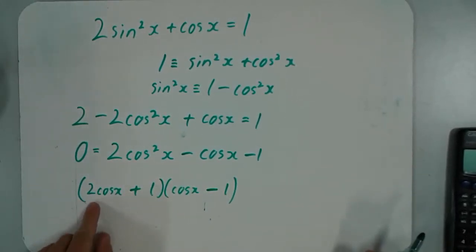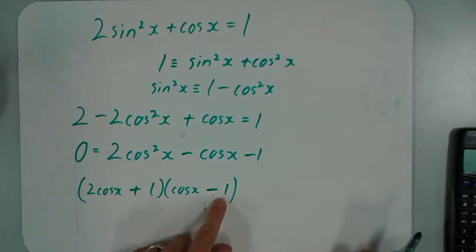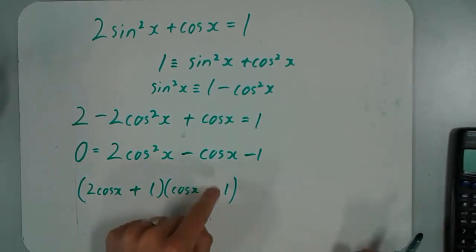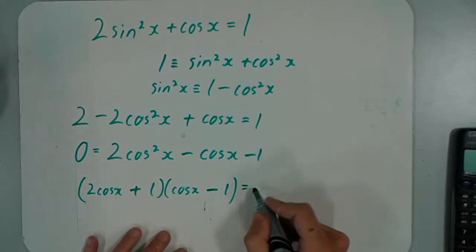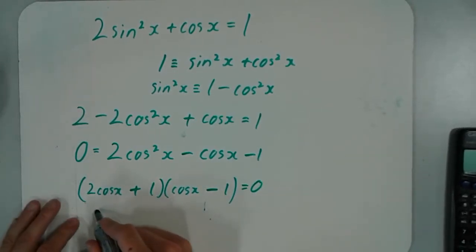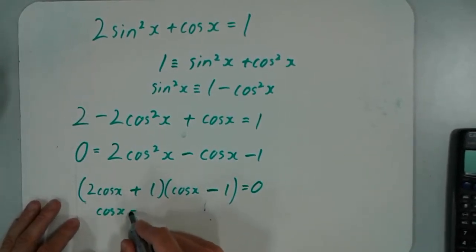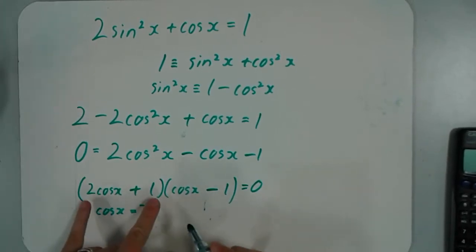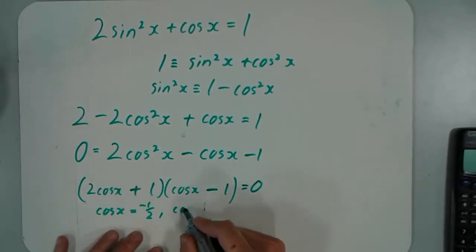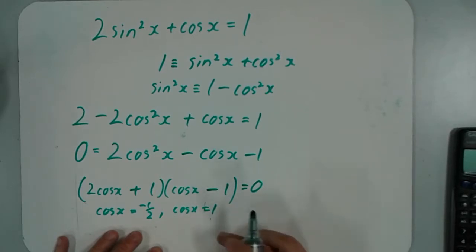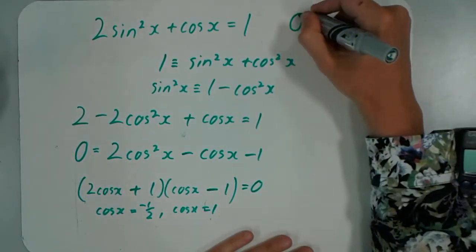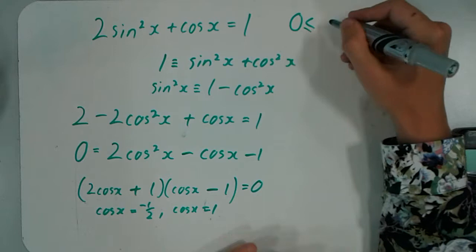A quick check, that's going to give me minus 2 cos x plus cos x does leave me with minus 1 cos x. So that tells me that cos x is equal to minus a half, or cos x equals 1. We would always be told what set of values of x to solve this for.